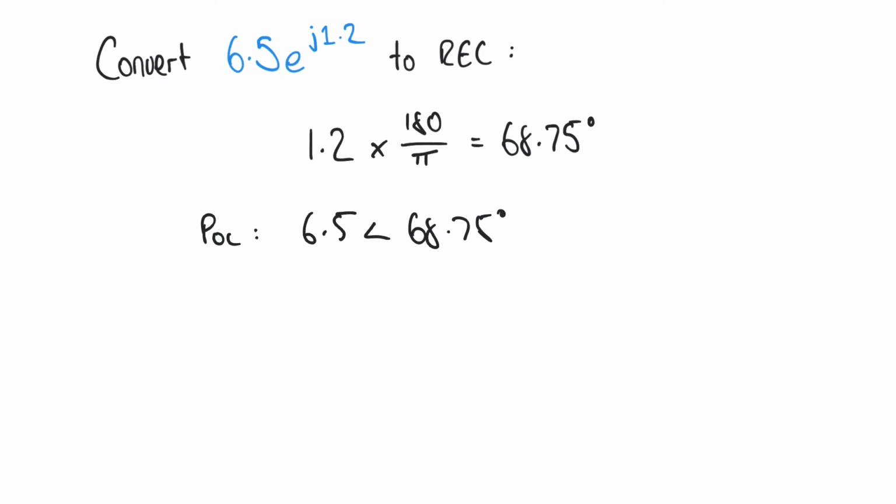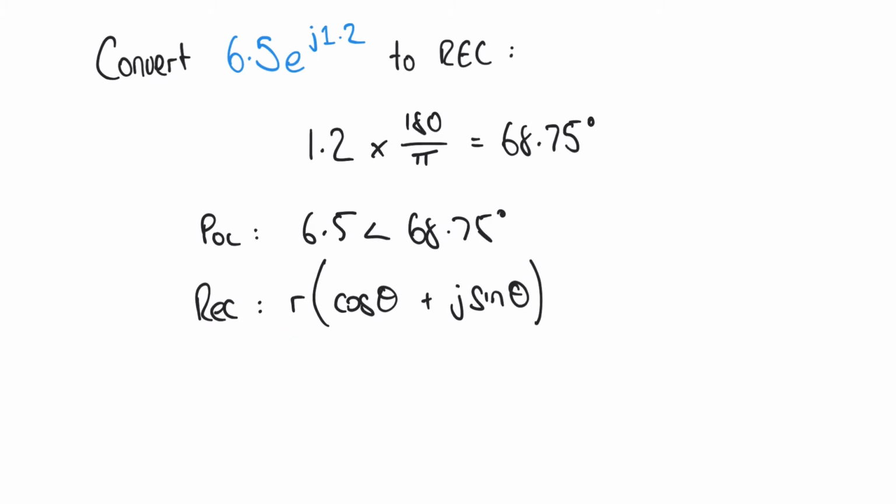Then converting from polar to rectangular form, we've already seen several videos where we cover the conversion between polar and rectangular, but just to serve as a bit of a recap, we have r times cos theta plus j sine theta. Expanding that out, we have r cos theta plus j r sine theta.